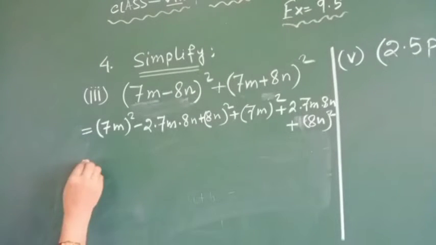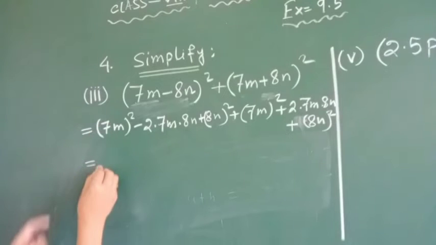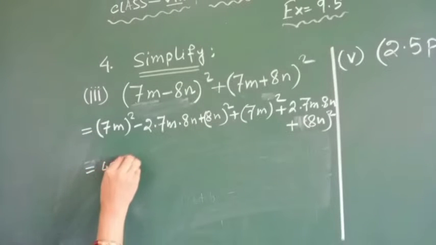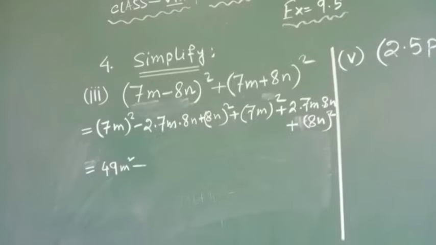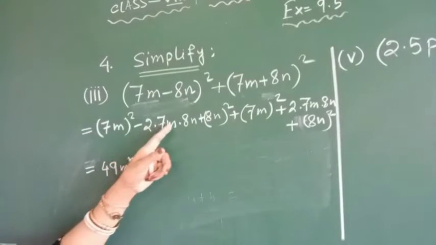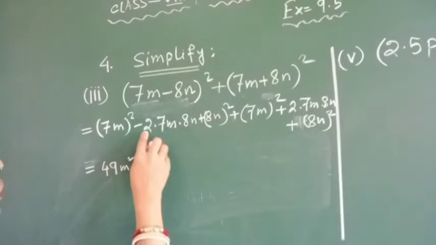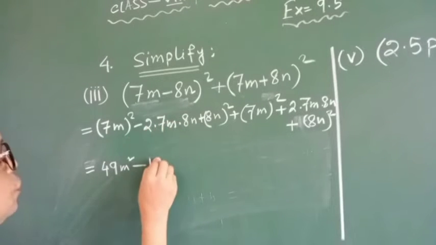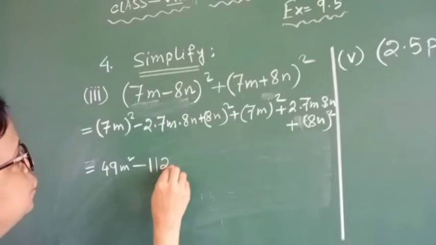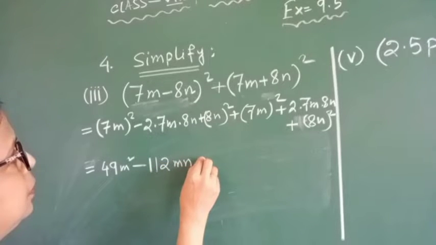Now you have to find the values. 7 sevens are 49, so (7m) whole square is 49m square, minus 2 into 7m into 8n. 56 into 2 is 112mn.